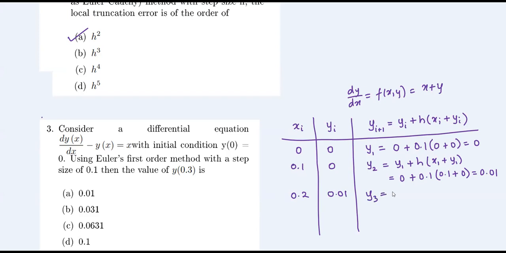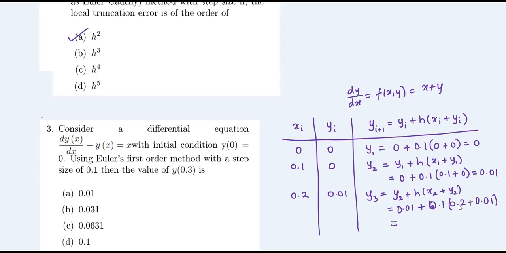So now y3 will be y2 plus h times x2 plus y2. y2 is 0.01 plus h is 0.1, x2 is 0.2, y2 is 0.01.